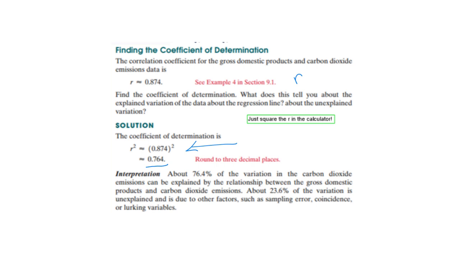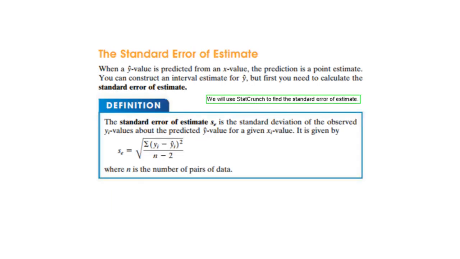The remaining 23.6% is unexplained variation, and that, again, could have to do with sampling error, just a coincidence, or there could be other factors, other variables that we should have looked at as well.